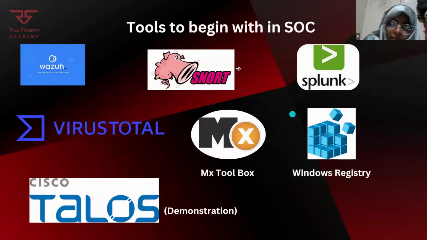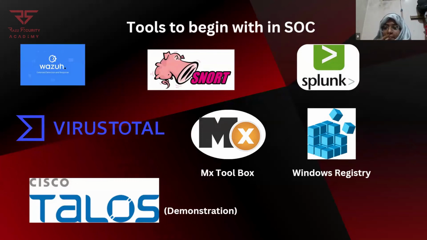So, tools to begin with when you are a SOC analyst. I have particularly put this because when you're trying to understand these tools, do not simply use them. When we are using the tools, we need to understand how they are deployed, what technique they are using, what kind of rules they are implementing. Not everybody uses the same rules, right? If we are using IBM QRadar, they have their own set of rules that we can implement.